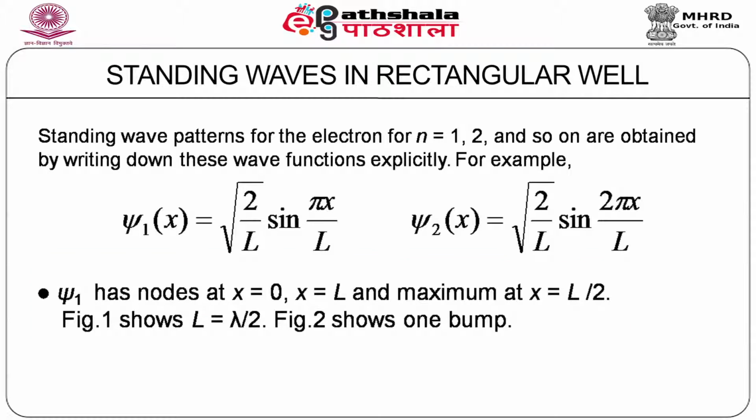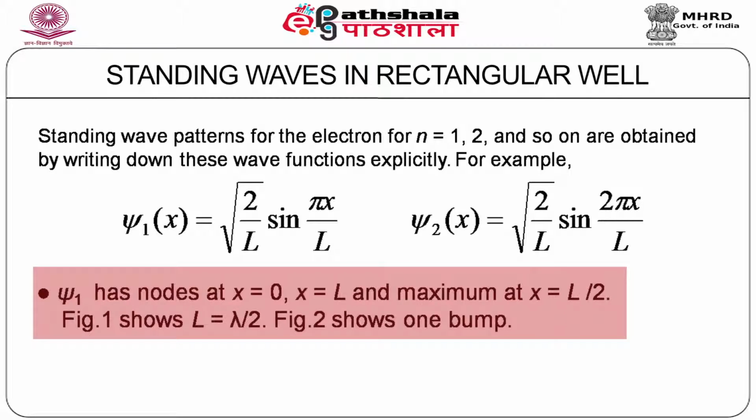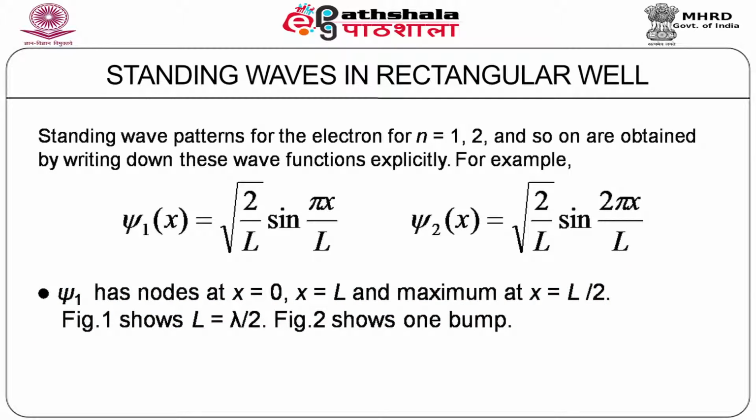So that is why I repeat that psi 1 has nodes at x equal to 0 and x equal to L. And the maximum it has at the point x equal to L by 2, because if you put x equal to L by 2 in the equation for psi 1, then you get sine pi by 2, which is equal to 1.